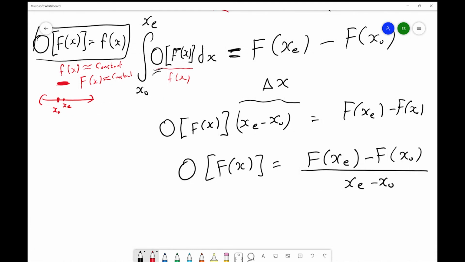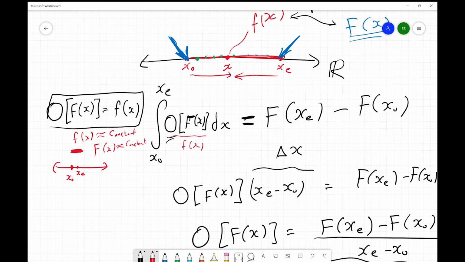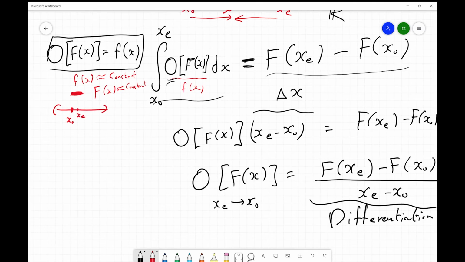Right? This is as xe approaches x0. This is differentiation. Exactly. This is differentiation. Right? So by starting with this requirement or this hope that we can write the integral as something to do with the boundary of the interval, we arrived at the fundamental theorem of calculus.